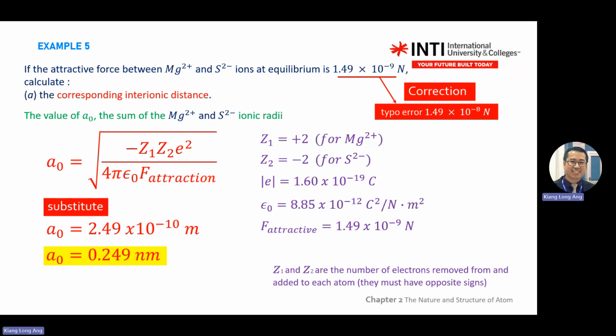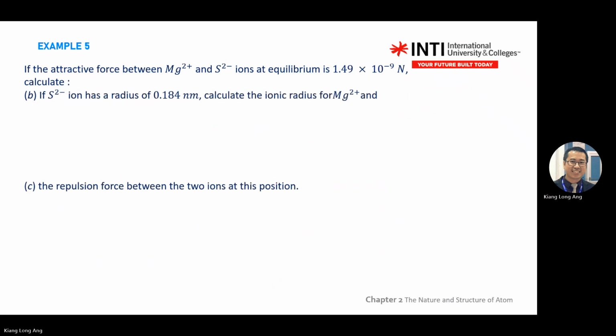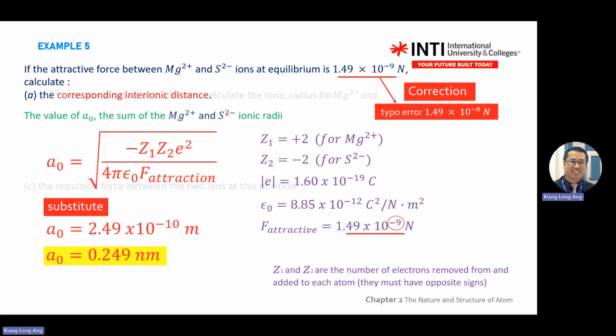Actually, there's a typo error. So when you do revision later, just take note this one is -8, not 9. Okay, but what is important is you understand the steps, all right? The procedure we do to solve this kind of question. Okay. Then any question for the first one? No, it's just substitution.